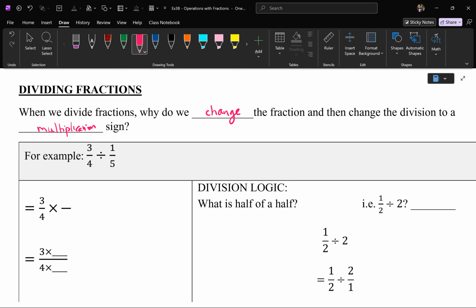The reason why I generally don't like this method, and last year a kid told me this is how they learnt it in primary school, is they call it the KFC method. Hands up if you've heard of that before. Oh, Mr. Rao. Okay, I was told by the year 8s and that was new to me.